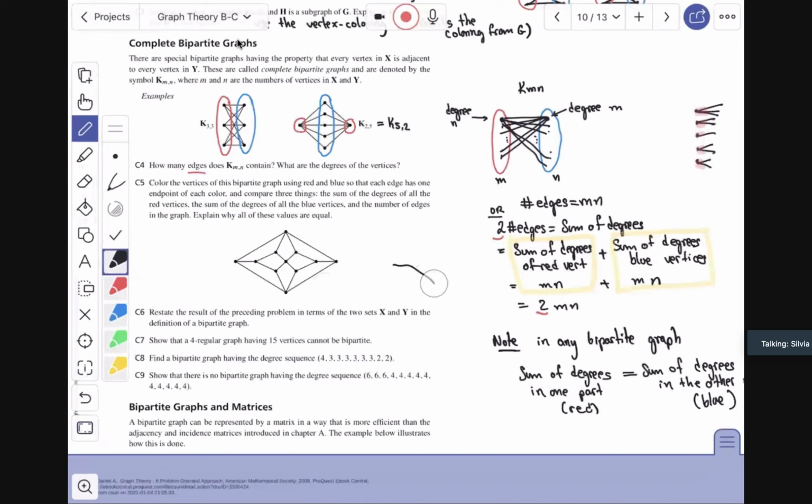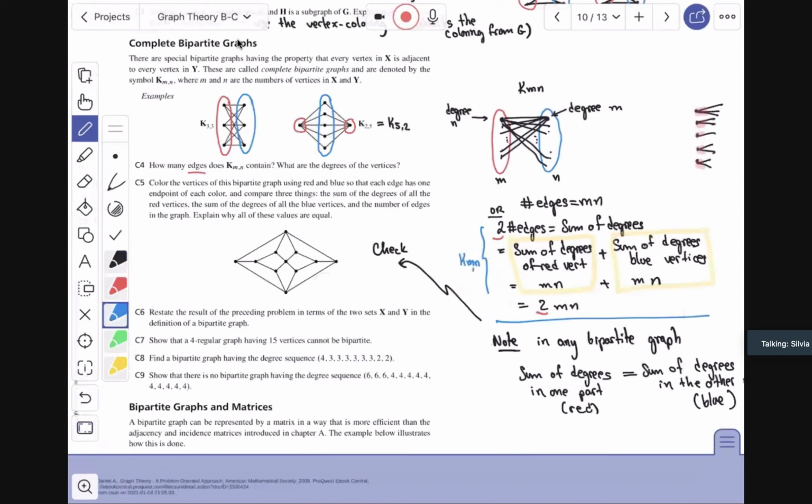Question? Yes, Sean? The part saying sum of degrees of red vertices and sum of degrees of blue vertices, why do both say m times n though? Oh, that was just for that example. This was for K_{m,n}.